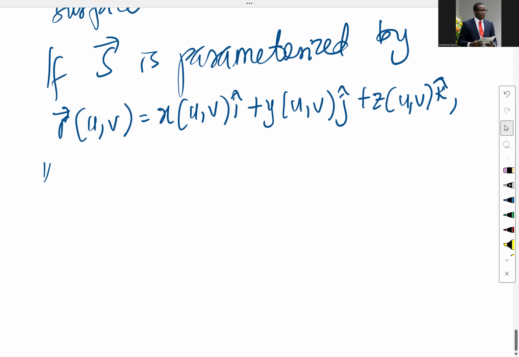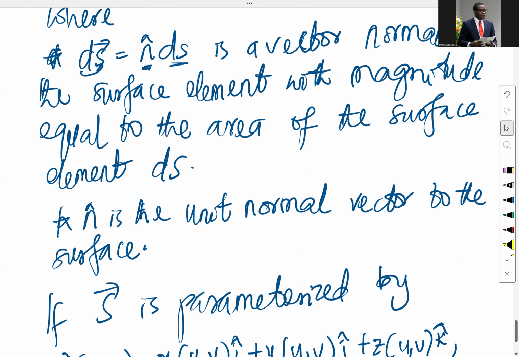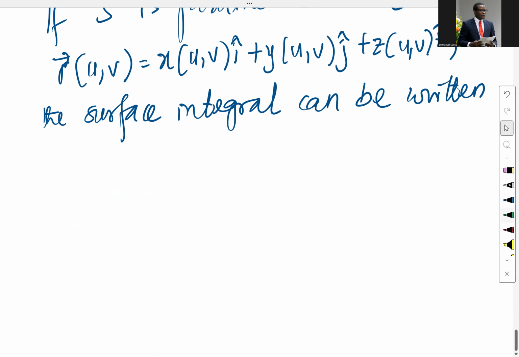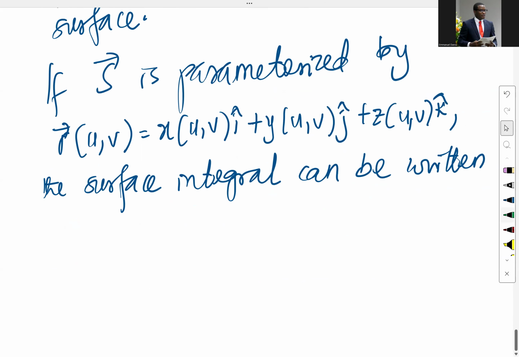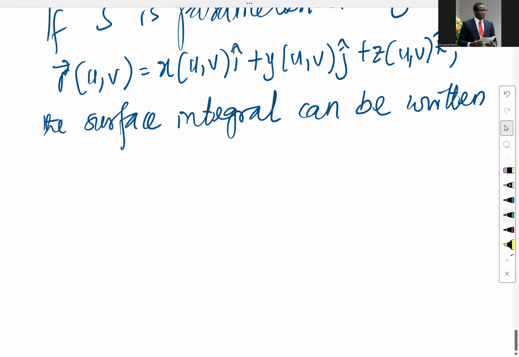So the surface integral can be written, you know, we already have the surface integral written in this particular way, right? But now this is us trying to expand it once we have a parameterization for S. So instead of having the S that way, we have R coming into the picture with two variables.